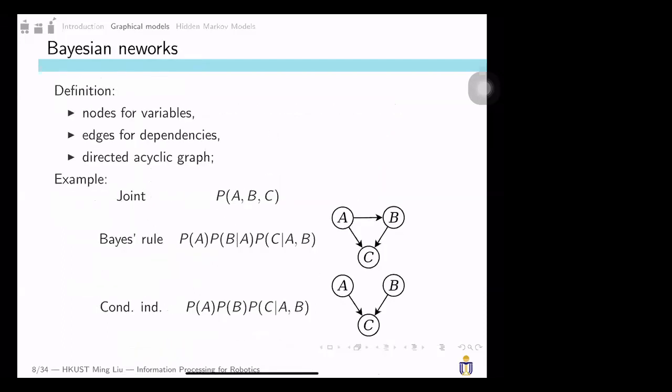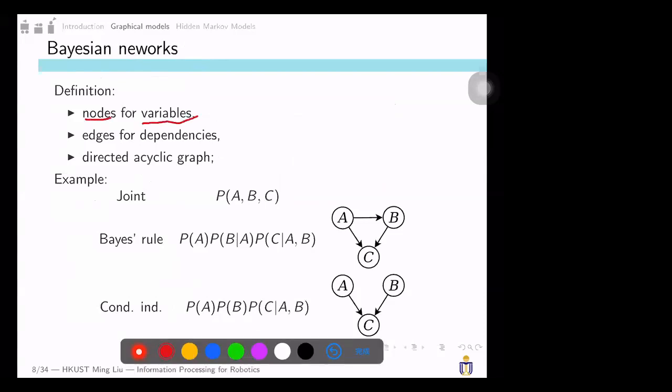Let's start with the simple form. The nodes are defined for variables. Edges are the dependencies. And in the sense of DAG, directed acyclic graph, you get these examples. If we want to decompose ABC, by Bayes rule, you can have this one.